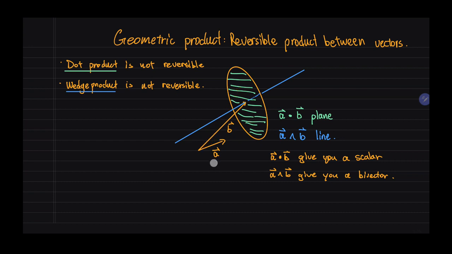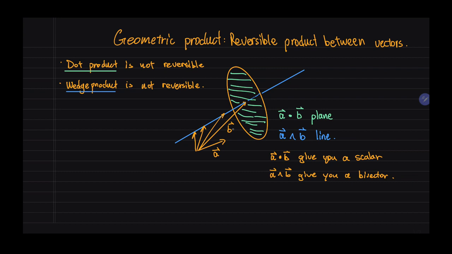And it's the same story for the wedge product. Let's say we have the same setup. Vector A pointing in this direction, vector B pointing in this direction, and I can draw a line parallel to vector A. Then I move vector B here, here, here.